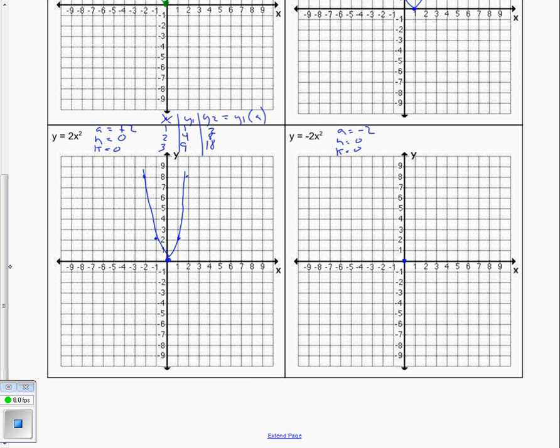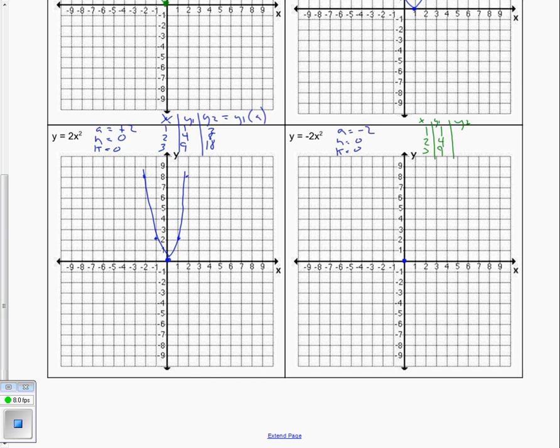Okay, so we still have our same step pattern, but now instead of multiplying y1 by positive 2, now we're multiplying y1 by negative 2.